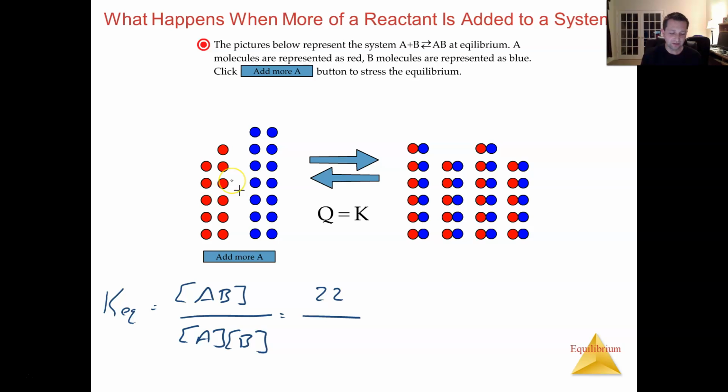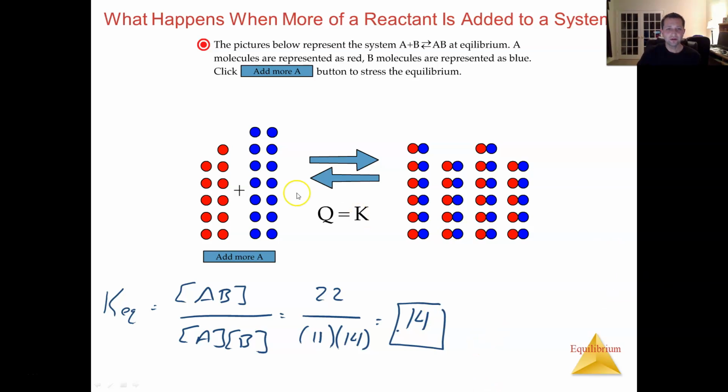So A, if you count them up, you have 11 of them, and for B, you have 14 blues. Okay, so 11 A's, 14 B's. Figure it out, you get a KC value of 0.14. All right, so that's important. That's our equilibrium constant for this reaction.